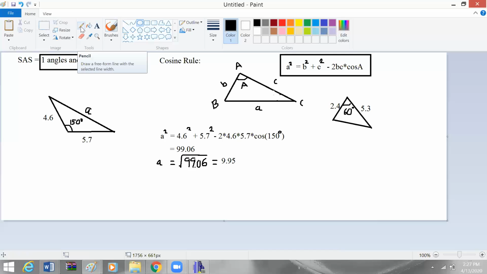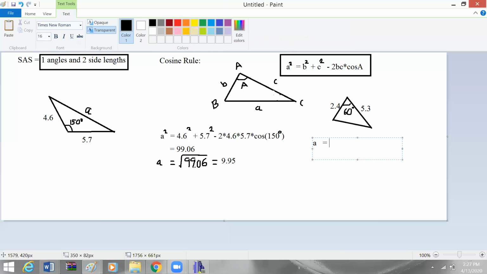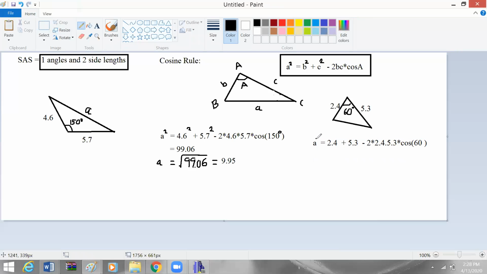So we basically apply what we have: a squared equal to 2.4 squared plus 5.3 squared minus 2 times 2.4 times 5.3 times cosine of 60. And we're going to finish that right here for that question. So you put the squares, and this is in degrees.